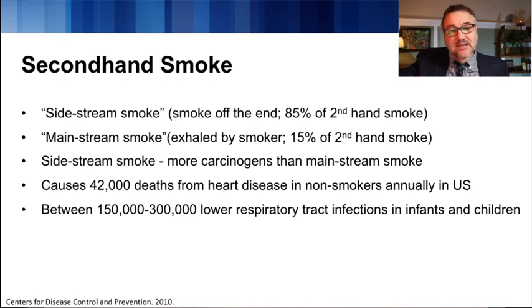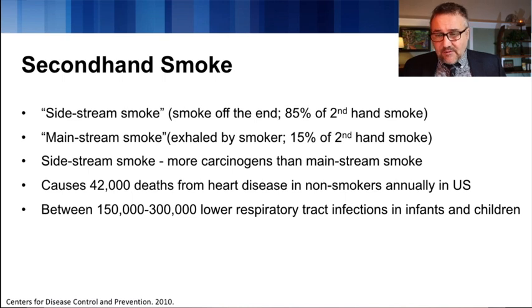It's the smoke off the end of the cigarette that's unfiltered. It's not actually the smoke that the person is blowing out when they exhale after smoking themselves. So about 85% of secondhand smoke is what they call side stream, which is off the end, not mainstream, which is through the cigarette. Side stream smoke is a little more carcinogenic.